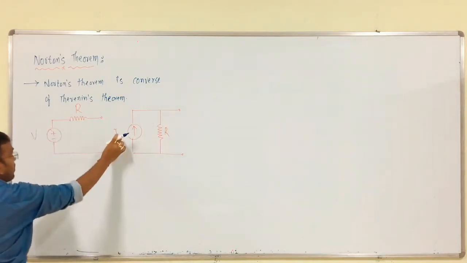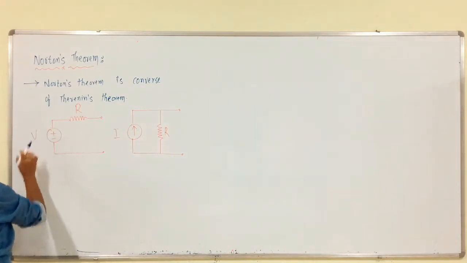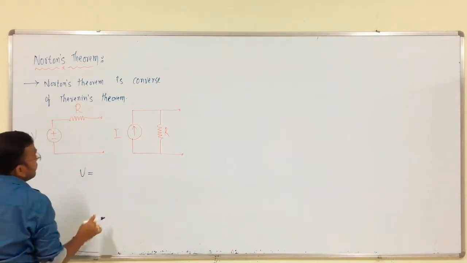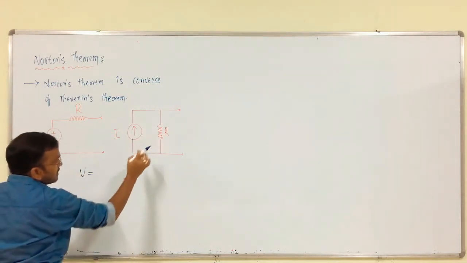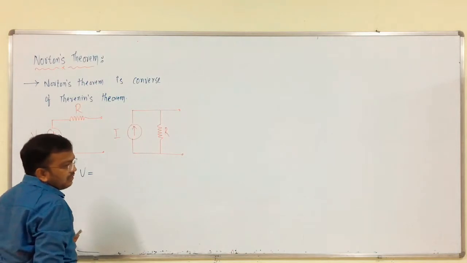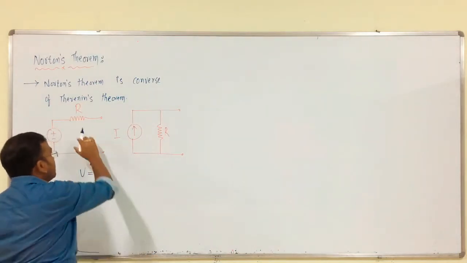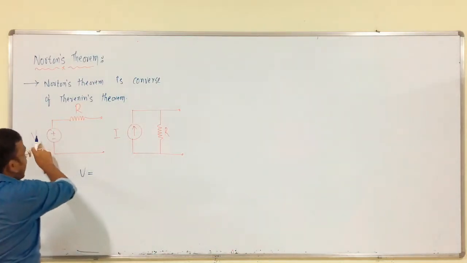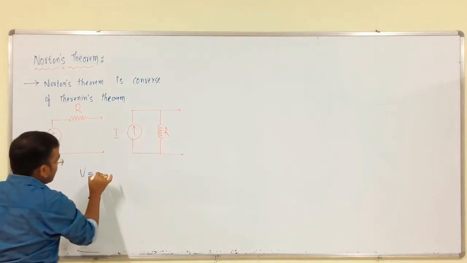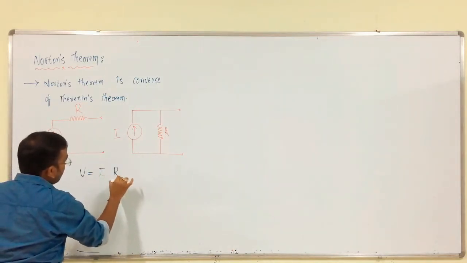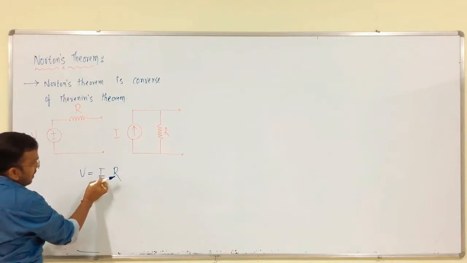So, for example, given circuit is a practical current source, we have to transform it into this circuit. Then to get the value of voltage, we have to multiply this current with resistance.